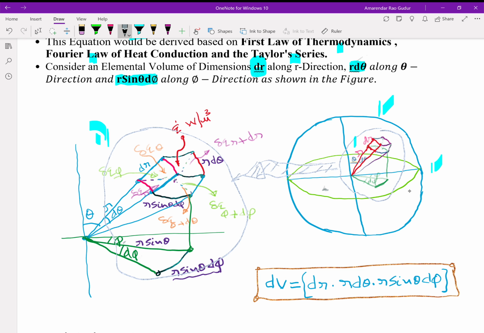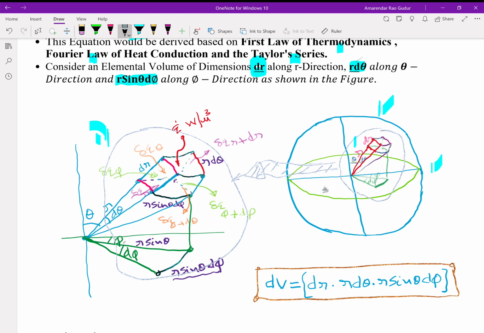And this r sin theta multiplied by d phi will give you the phi dimension of the element, r sin theta d phi, which is the dimension normal to the screen. Therefore, we need to always consider r sin theta d phi in the horizontal plane as shown over here.